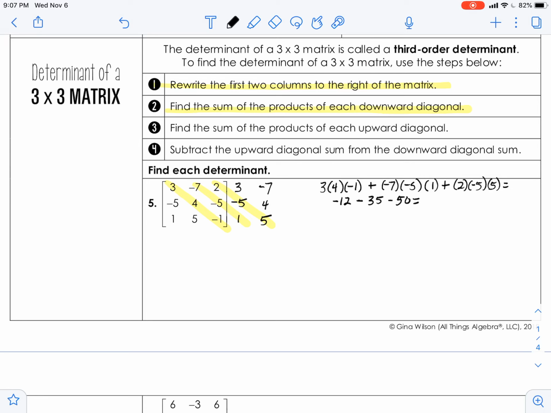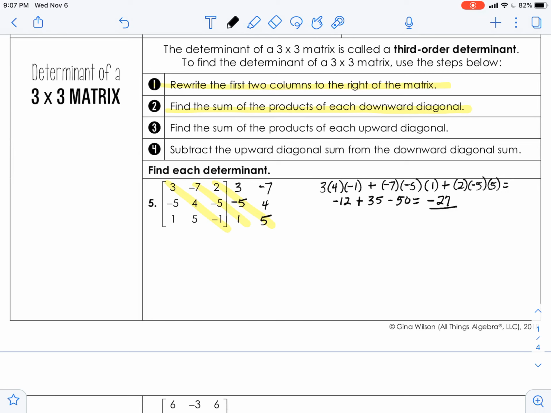Watch everything. So 3, 4, -1, -7, -5, +1. There we go. 2, -5, 5. There we go. So my middle one is a +35. So double check your work on that, and then just add those up, and we get a -27. Okay, so there's my first one.